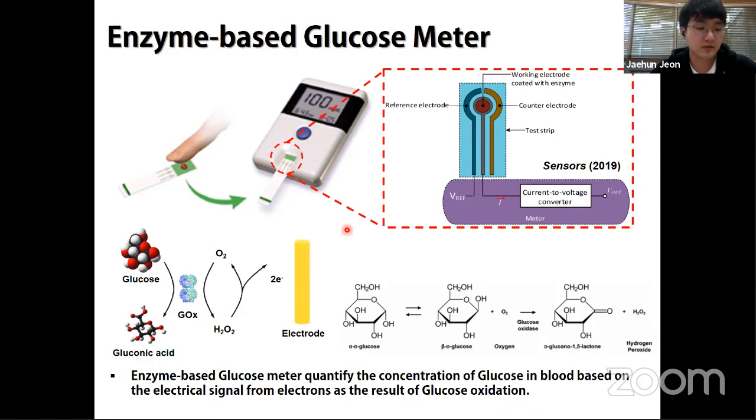The blood glucose meter is a representative biosensor for clinical application. Blood glucose monitoring is very important for people suffering from diabetes, and various studies have been conducted on it.